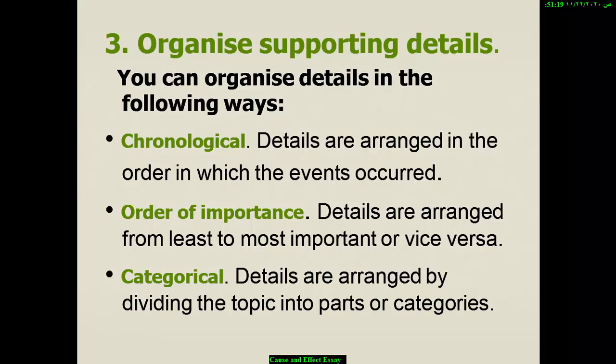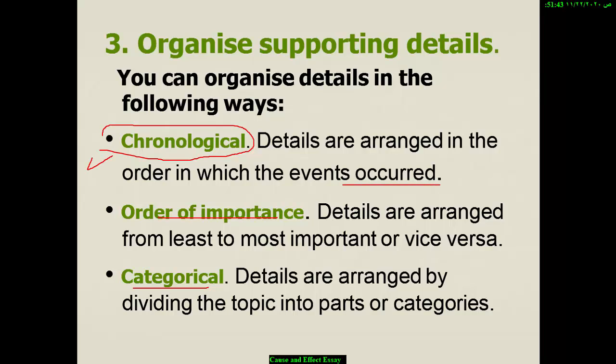You can organize details in the following ways. Either use chronological order, or order of importance, or categorical order. When details are arranged in the order in which they happened or occurred, that's called chronological.